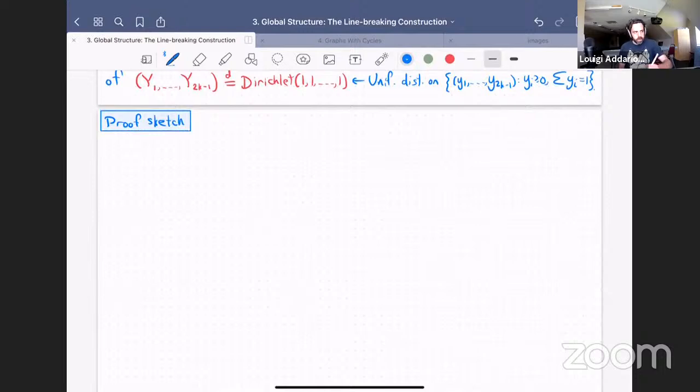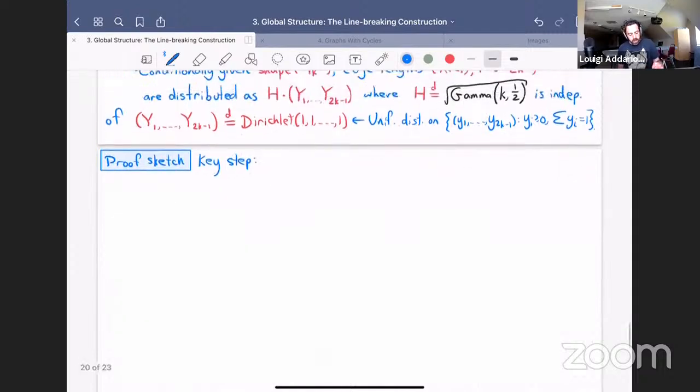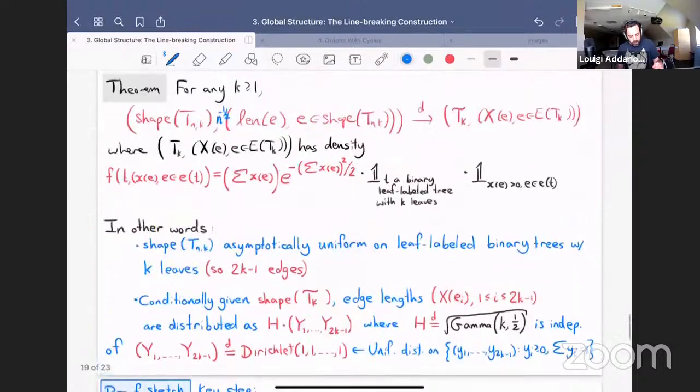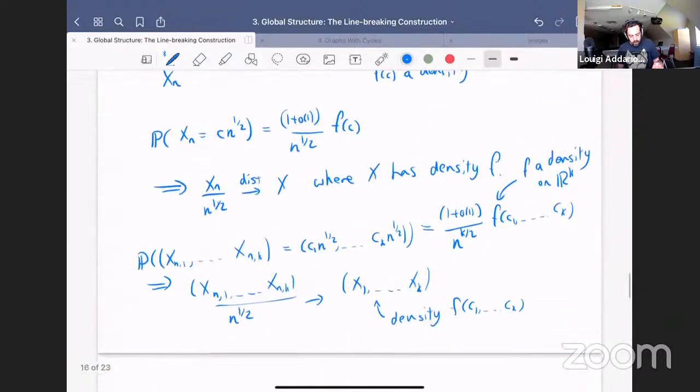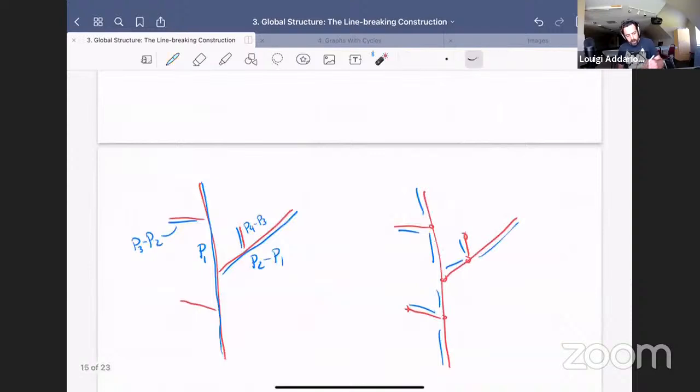Okay, so the key step is as follows. I'll just scroll back to a picture I drew last time. We already understood the lengths of these various branches and the connection with the Poisson process.